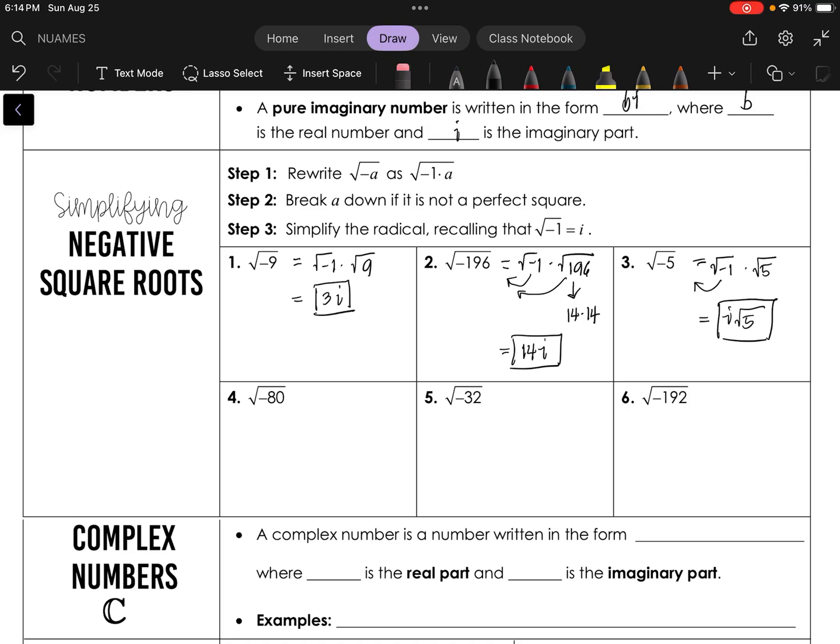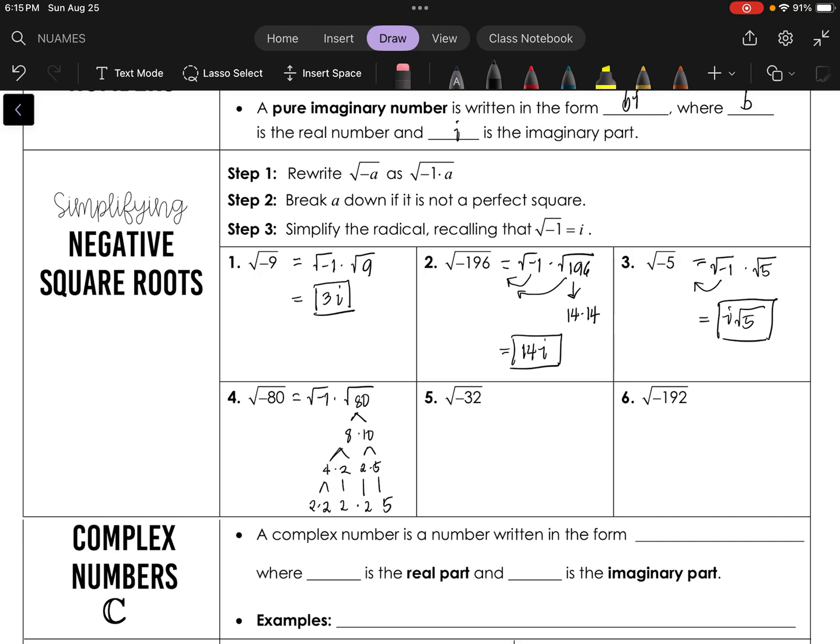Let's try the square root of negative 80. Again, we have the square root of negative 1 times the square root of 80. Using your rules on radicals, we could do a factor tree. This would be 8 times 10. 10 would be 2 times 5. 8 would be 4 times 2. And then you could see that this is just 2 times 2 times 2 times 2 times 5.